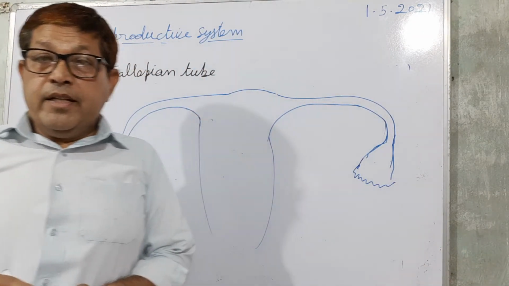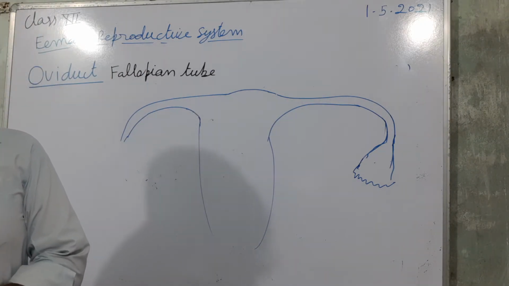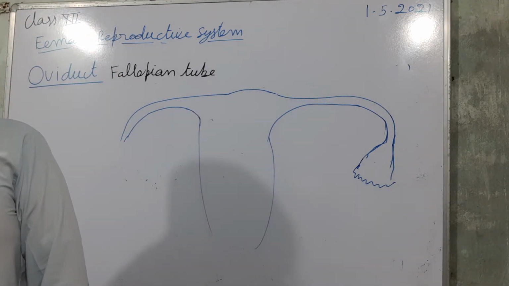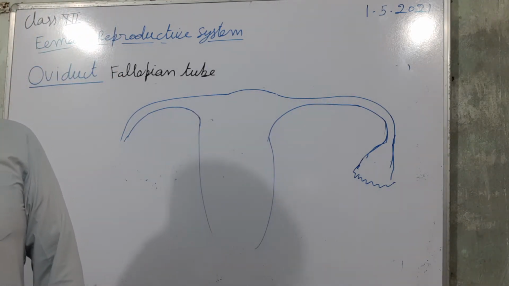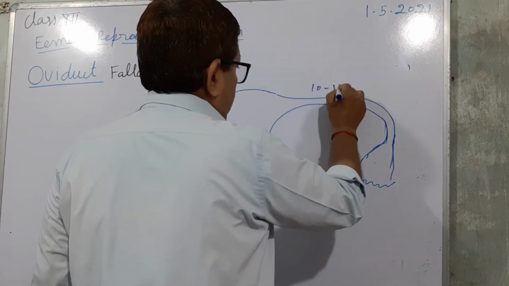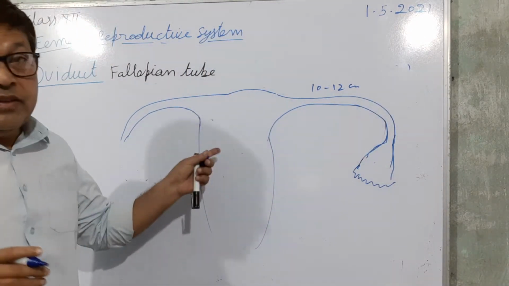It is small sized and nearly 10 to 12 centimeter in length, and found on each side of the uterus.